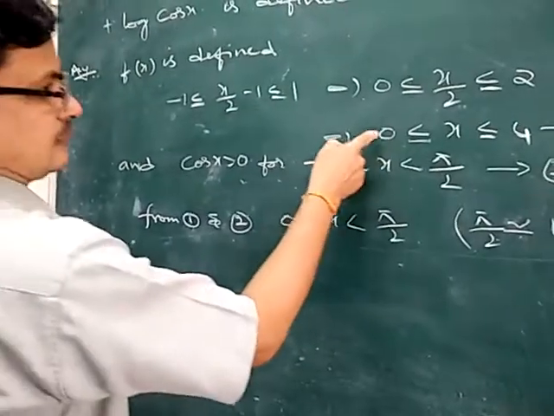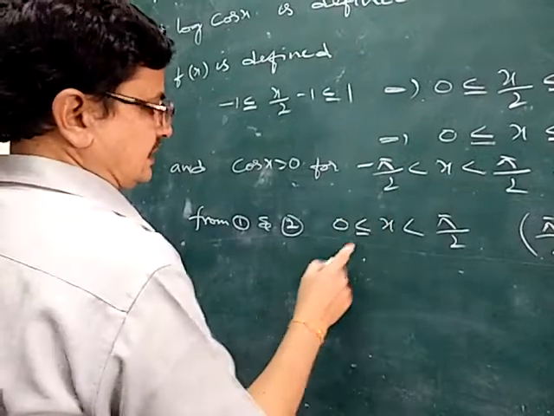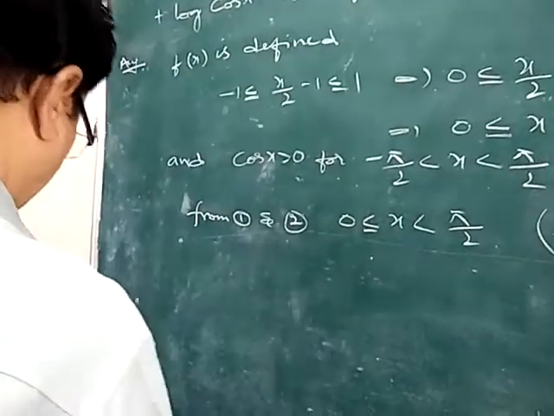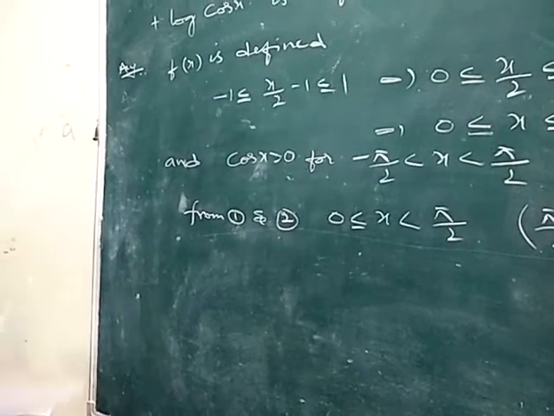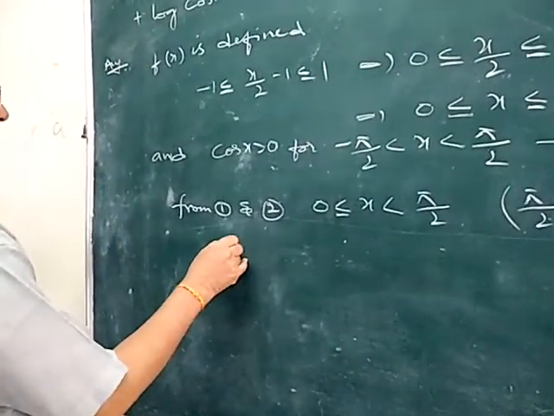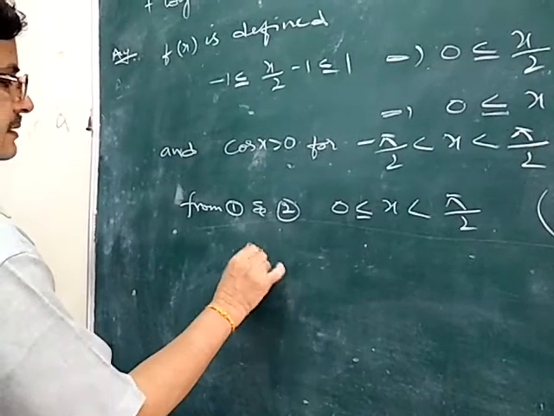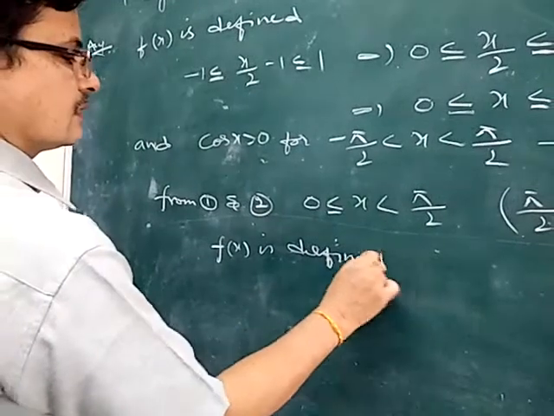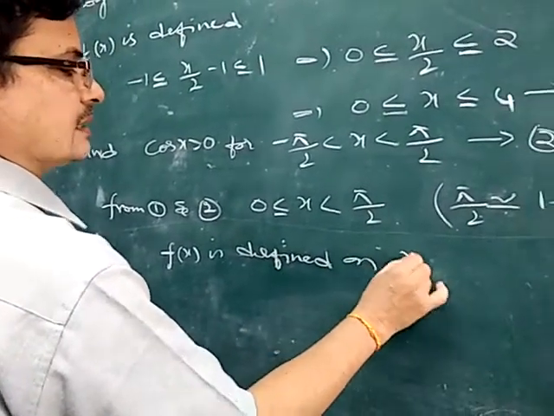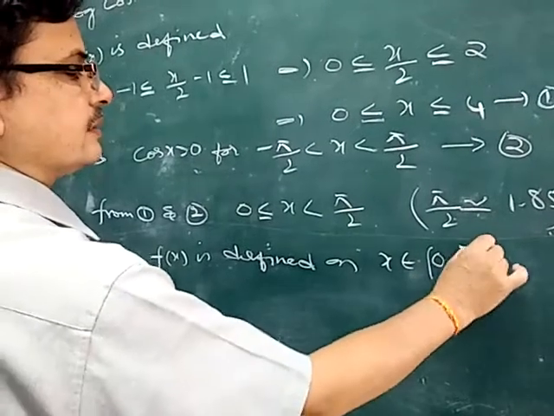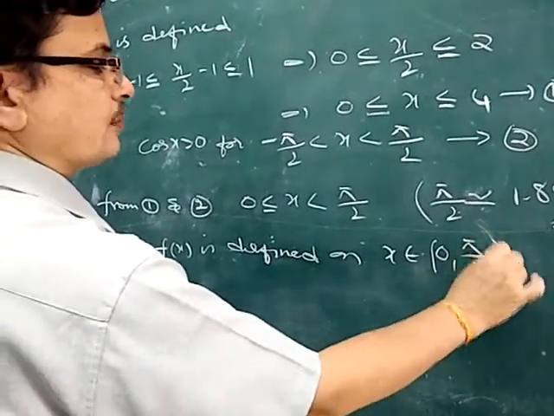So from these two equations we can write 0 is less than or equal to x is less than pi by 2. Therefore the domain of the function f of x is defined on x belongs to 0 to pi by 2. This is a half-open interval.